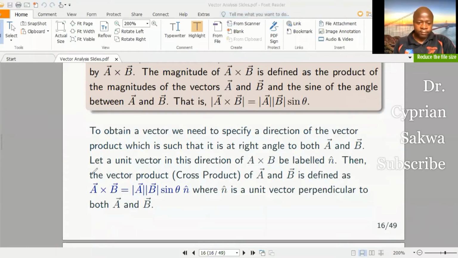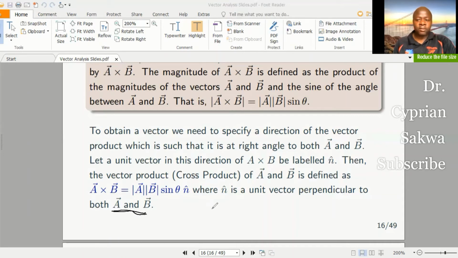So if we let that direction be labeled as n with a hat, that is hat n, then the vector product or the cross product of A and B will be defined as vector A cross vector B, which is given by the magnitude of vector A times the magnitude of vector B sine theta times n hat, where this n hat is a unit vector perpendicular to these two vectors.